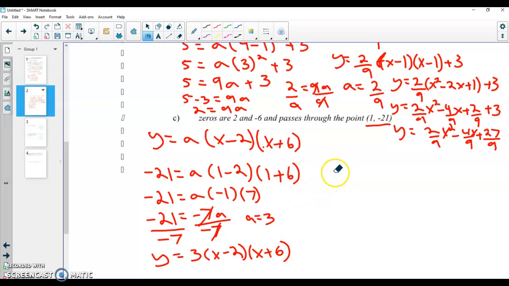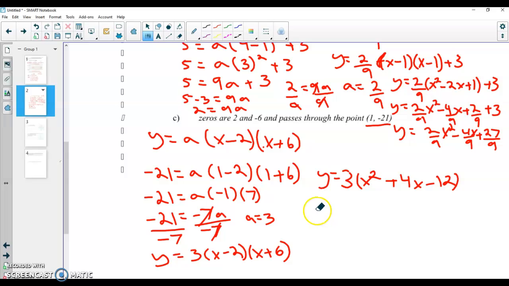And then we can expand to get our standard form. So that means that y is going to be equal to 3 times, so x times x is x squared, then negative 2x plus 6x, so that's going to be plus 4x, and then minus 12 because of negative 2 times 6.